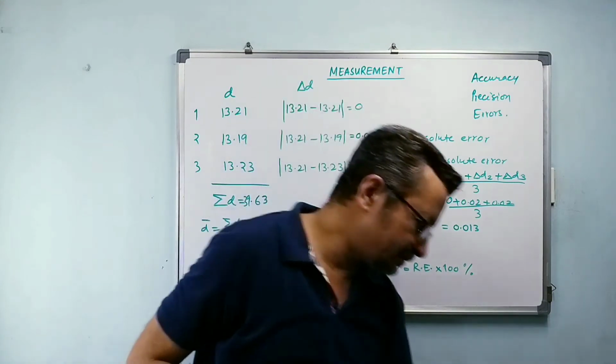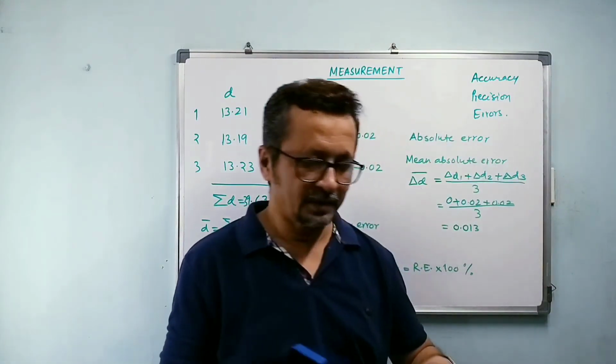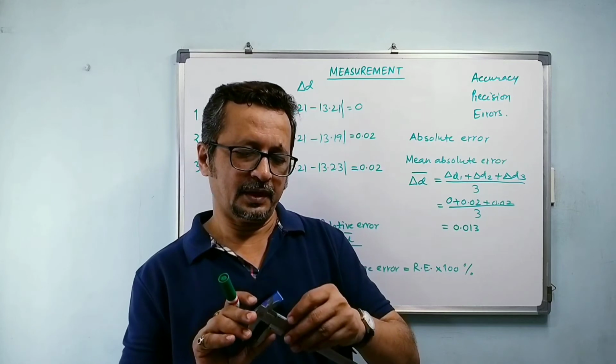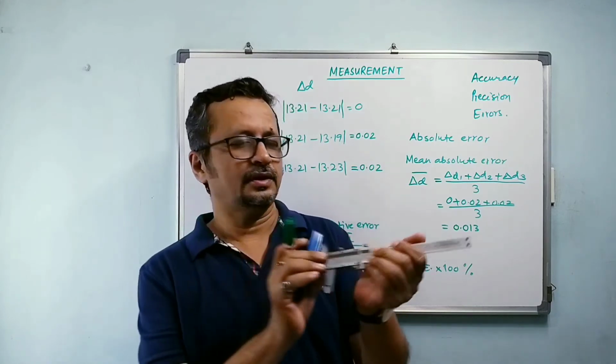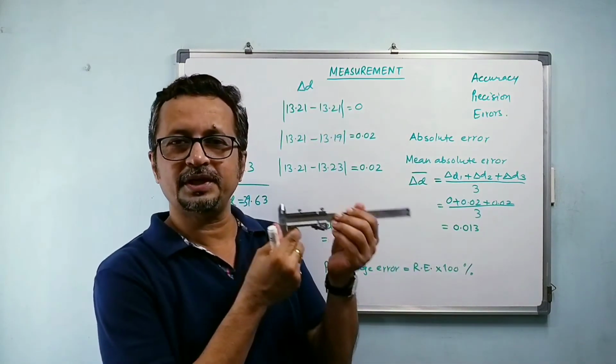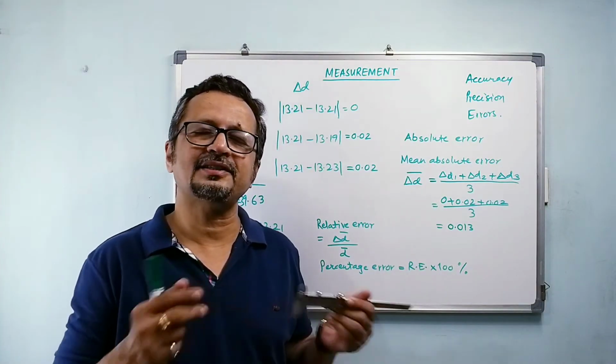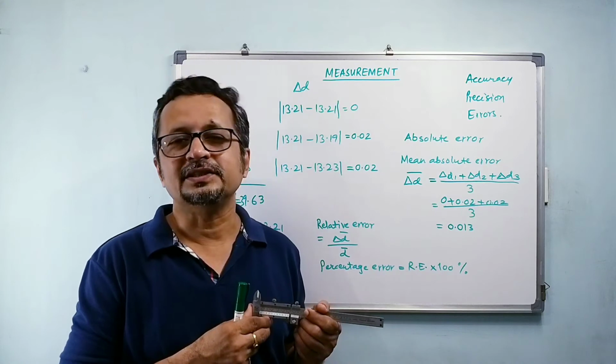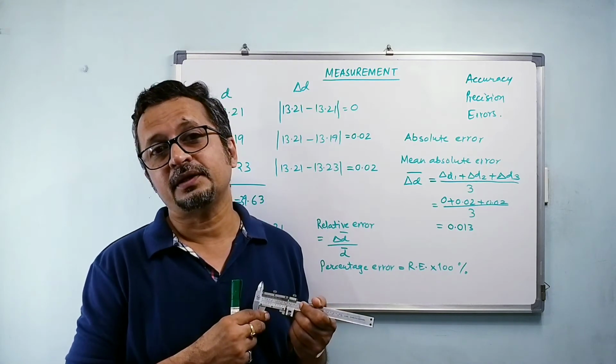For example, this vernier calipers I have, I am making both the jaws meet each other. So zero of my vernier scale doesn't match with zero of my main scale, correct? So that may be the zero error.